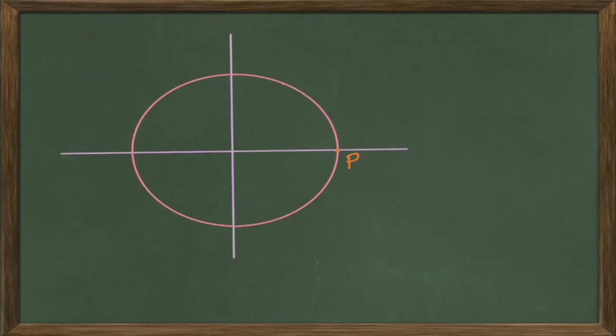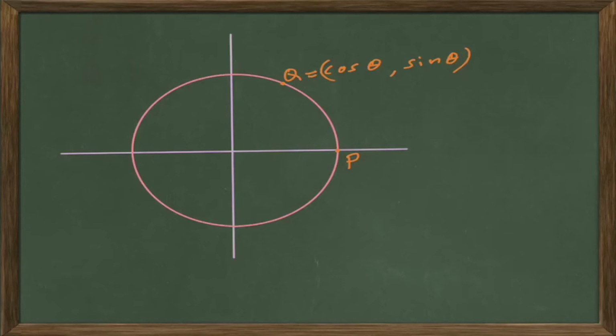Let Q denote the point lying on the unit circle centered at the origin, so it has coordinates cos theta comma sin theta, where theta is the principal argument of the complex number e to the i theta.